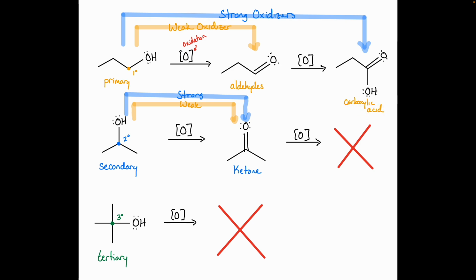Or we could use a weak oxidizer, which would take our primary alcohol, just that one oxidation step, to an aldehyde. Either one of these could be used to convert a secondary alcohol to a ketone. So let's just do an example that encompasses all these different ones.